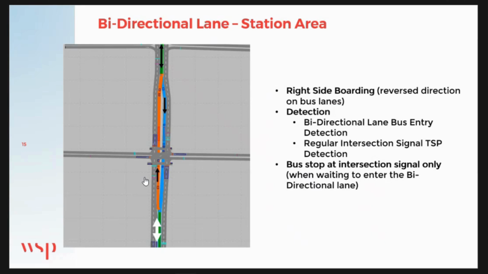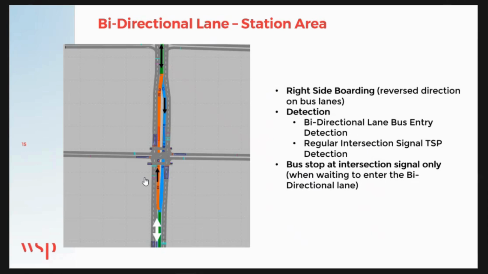So first, for right side boarding, we don't want to buy new buses for this concept. So every bus has right side doors. That's why we make bus lanes in the reverse direction at the station area. And then for detection, there are two detections. First is the bi-directional lane bus entry detection.